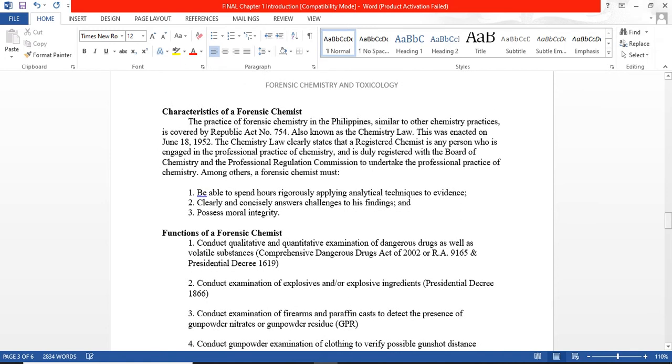Okay, so the practice of forensic chemistry in the Philippines, similar to other chemistry practices, is covered by Republic Act 754, also known as the Chemistry Law. This was enacted on June 18, 1952.